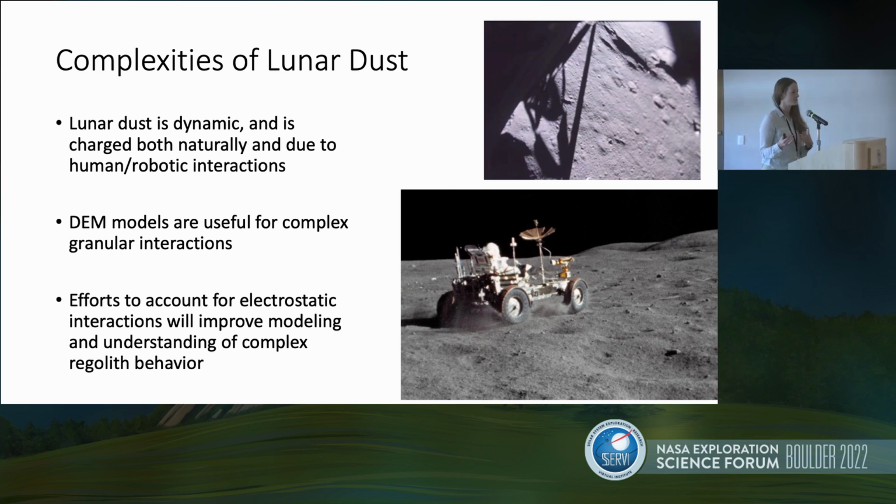There are lots of different techniques used for this modeling, one of which is DEM, discrete element method modeling, which looks at granular scale mechanics and can be used for pretty complex granular interactions. Efforts to account for electrostatic interactions in these DEM models will improve modeling and help us understand behavior of these really interesting environments.